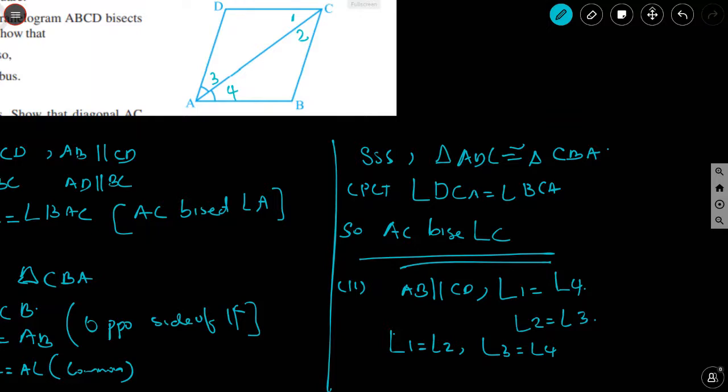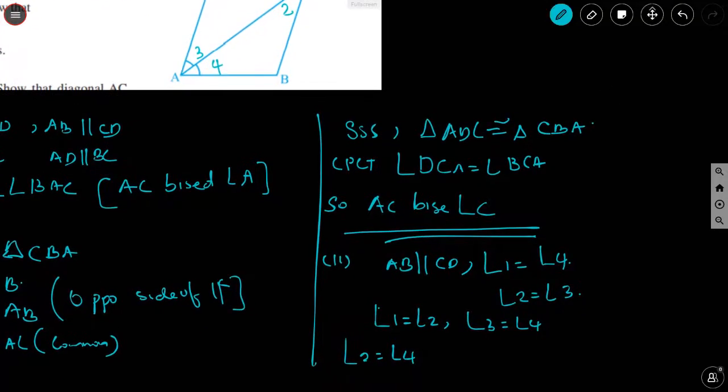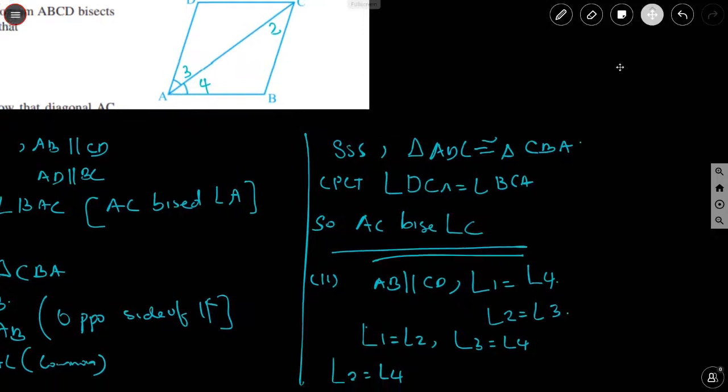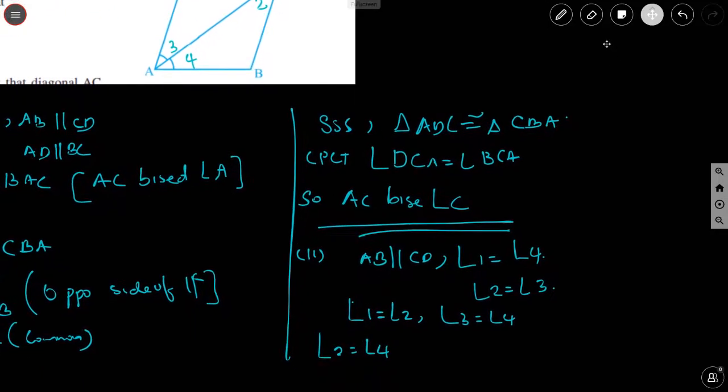So let us write angle 2 is equal to 4. From the above, 2 is equal to 4 means triangle ABC is an isosceles triangle. So we will get AB is equal to BC.